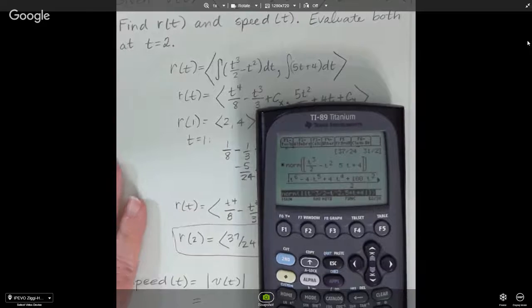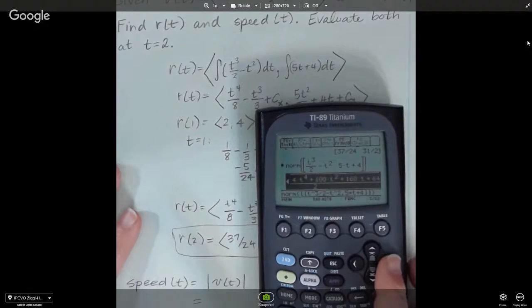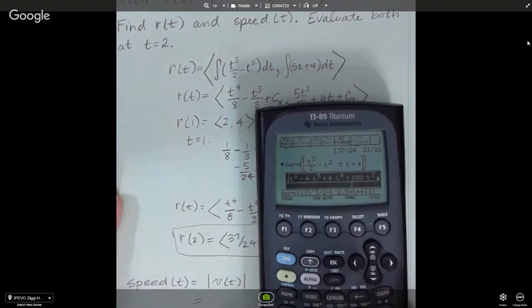And it's busy because it's going to be pretty complicated. And I chose one that was complicated because it's a calculator question. Okay? Because that's what we're doing. We're finding the norm. Okay, so let's write that out.